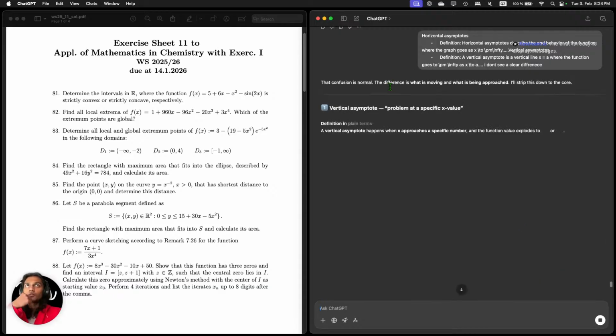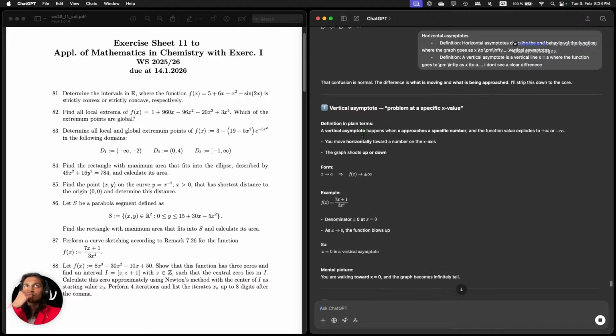That confusion is normal. The difference is what is moving and what is being approached. A vertical asymptote happens when x approaches a specific number, and it's also kind of approaching a value that is not in its domain, if I understand right.